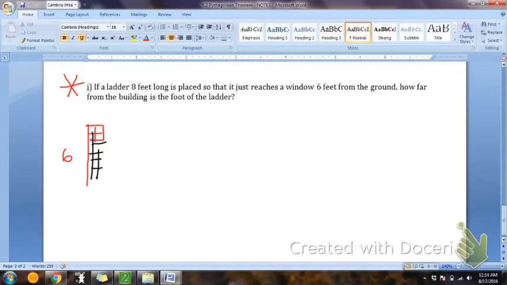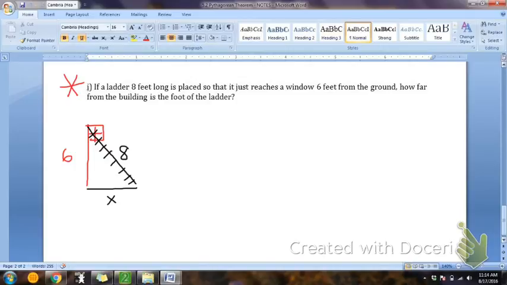Okay, so instead of my ladder being there, my ladder should be leaning against the house, right? Your ladder is leaning against the house. And it says the ladder is 8 feet long. How far from the building is the foot of the ladder? That's what I'm looking for here.